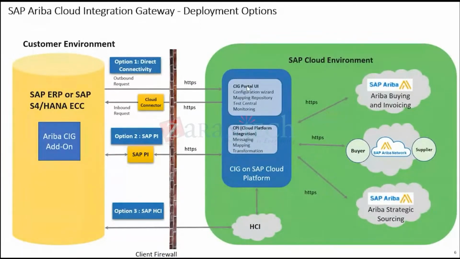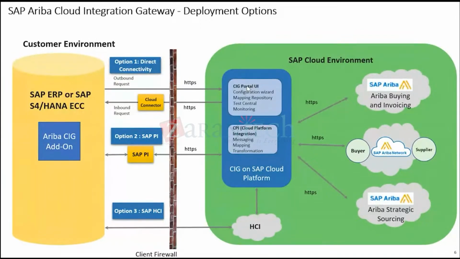Second deployment option, that is not a very recommended one, but again, based on customer to customer, if some customer is reluctant because they have already used the PIPO system in all their implementations, in that case you can tell them we also have this option in which they can use the SAP PIPO system with Ariba CIG, but this PIPO system will only act as a pass-through.